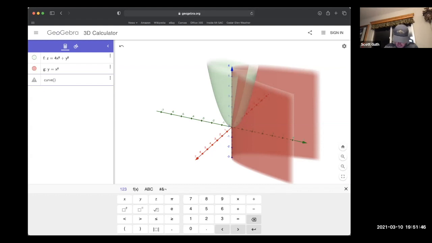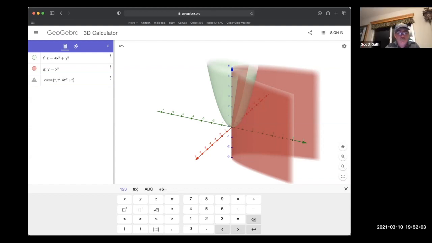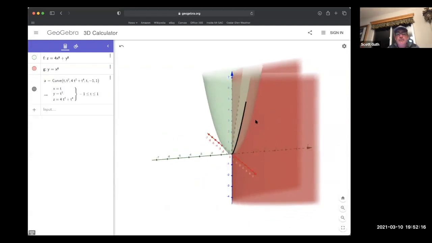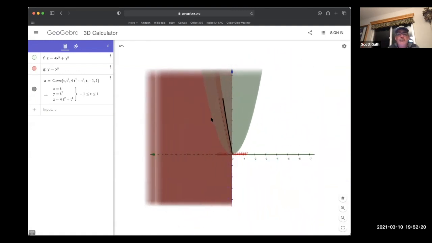Let's have x be t, y be t squared, z to be 4t squared plus t to the fourth, and then have t go from -1 to 1. So I would say t comma -1 comma 1, say a little prayer maybe, and I don't know if you can see it, but it's put a black curve on the intersection there. So that makes it a little more apparent.